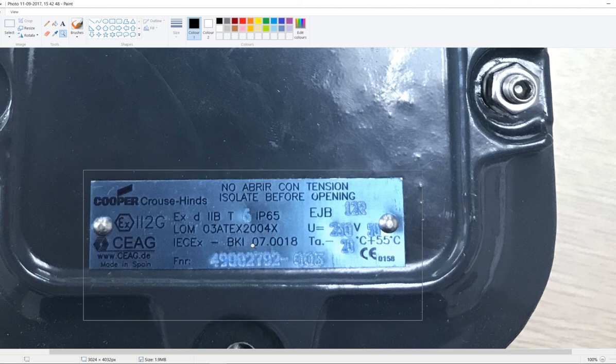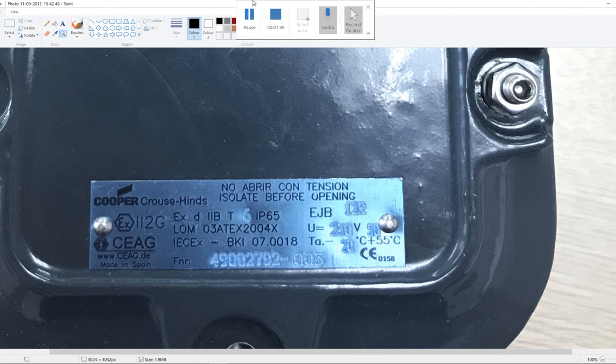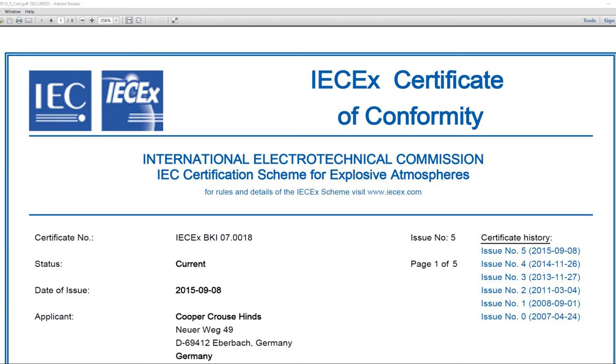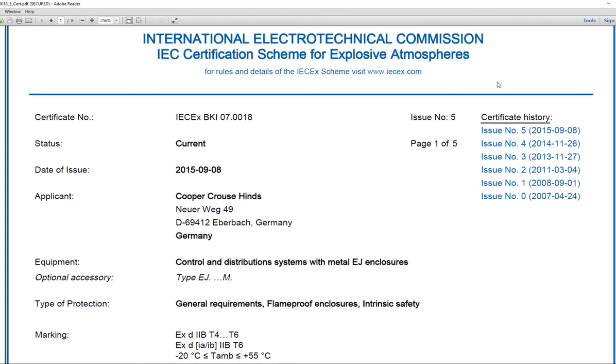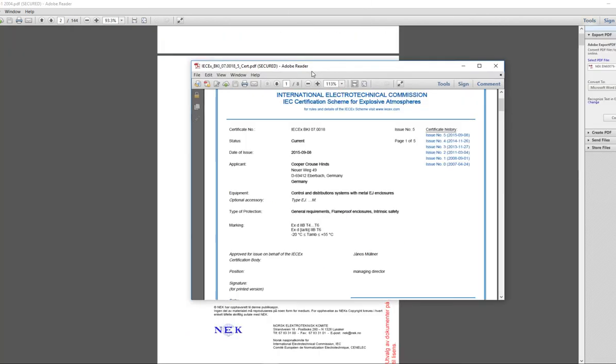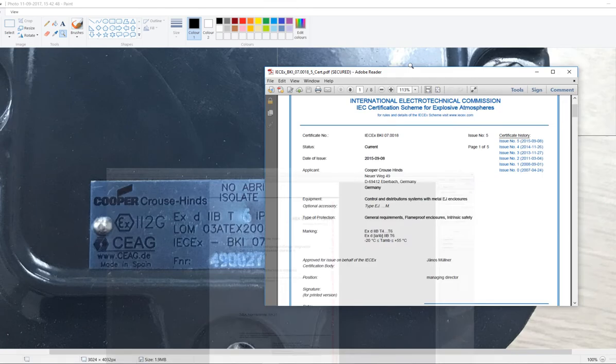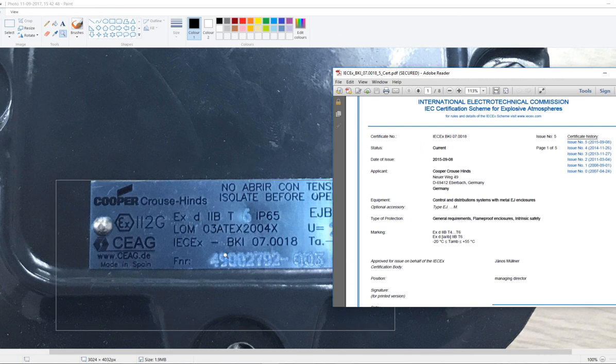So you need to have this certificate. And here is the certificate for the junction box we saw, same certificate number, BKI 070018.